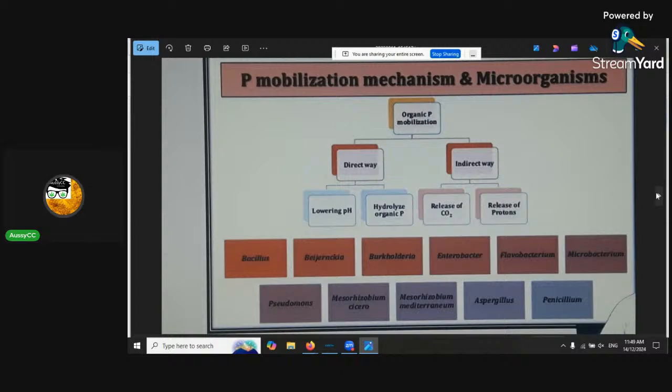Mobilization mechanisms and microbes. So organic P mobilization can be direct or indirect. It lowers the pH and has flow-on effects. And oh yeah, Aspergillus. There are some P mobilizing microbes as well down the bottom.